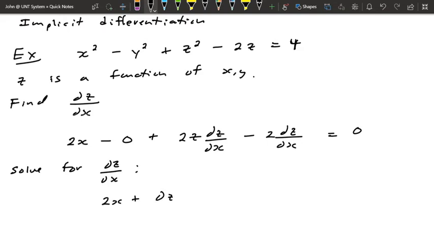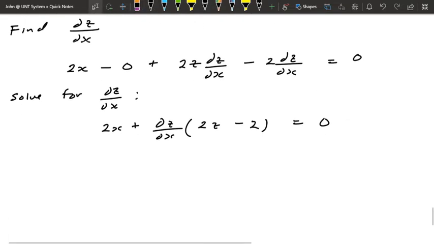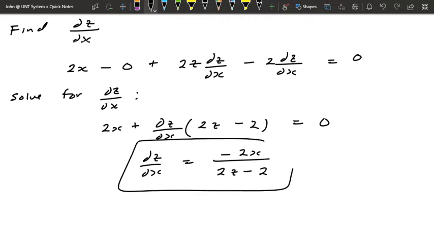You can factor out the del z del x each time it appears. And we could simplify this by canceling the 2. That's probably better to get this.